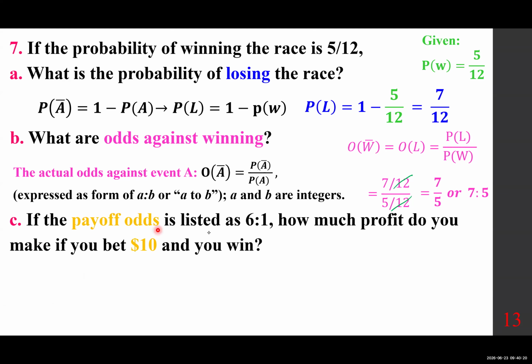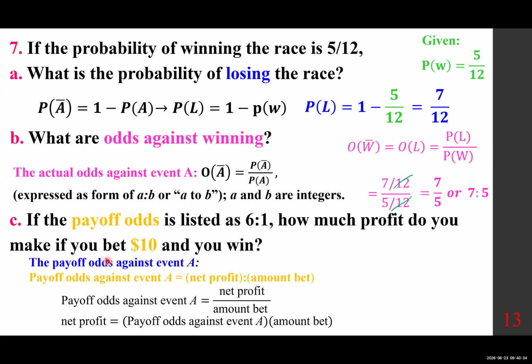If the payoff odds are listed as 6 to 1, 6 times in essence, how much profit do you make if you bet $10 and you win? The payoff odds against event A equals net profit divided by the amount of bet.